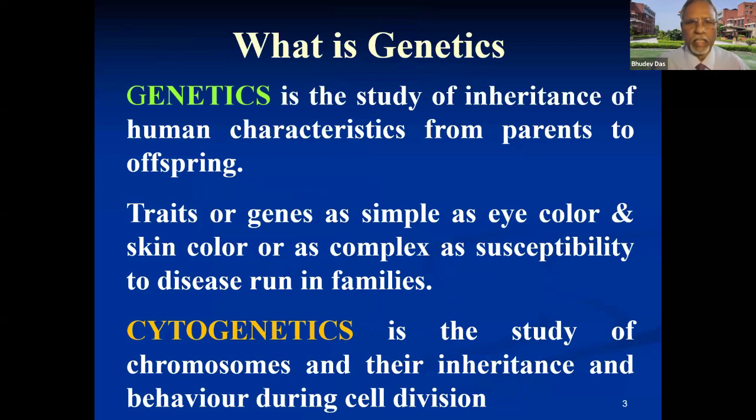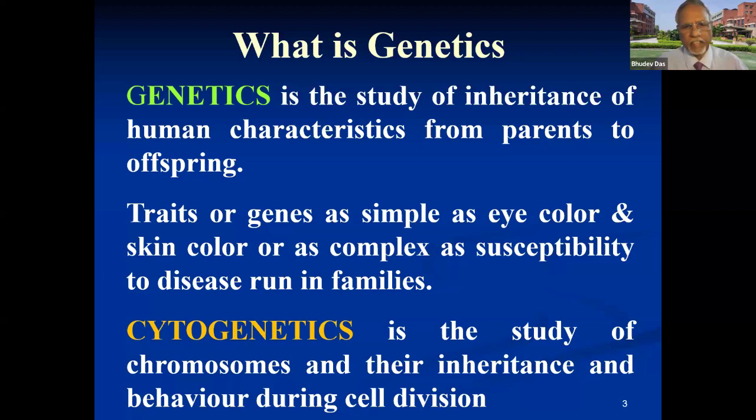In general, we can tell. So what is genetics? Just a definition, I know everybody knows it, but genetics is the study of inheritance of human characteristics from parents to offspring.